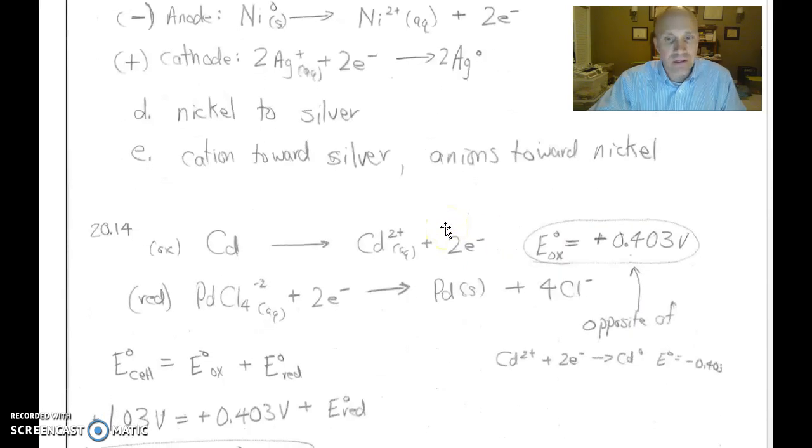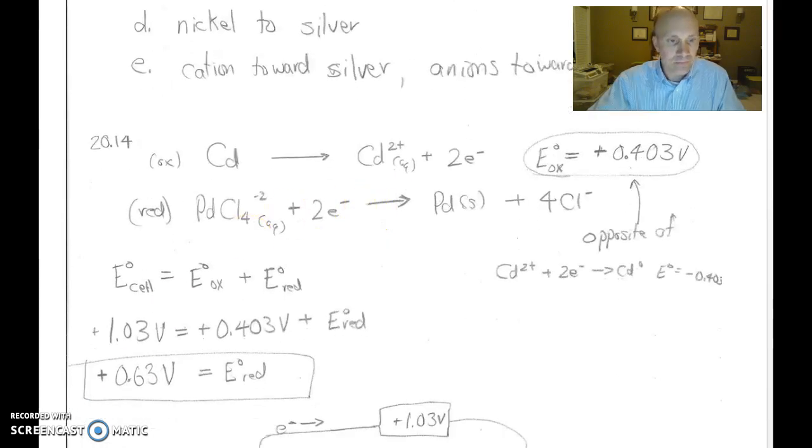All right. So in 2014, the question that's asked, essentially the strategy is that they give you a cell electromotive force, and they ask you to figure out what the standard reduction or oxidation potential is for one of the half reactions.